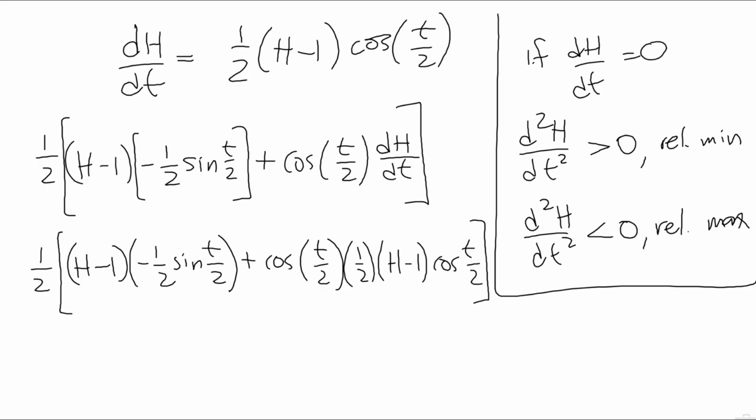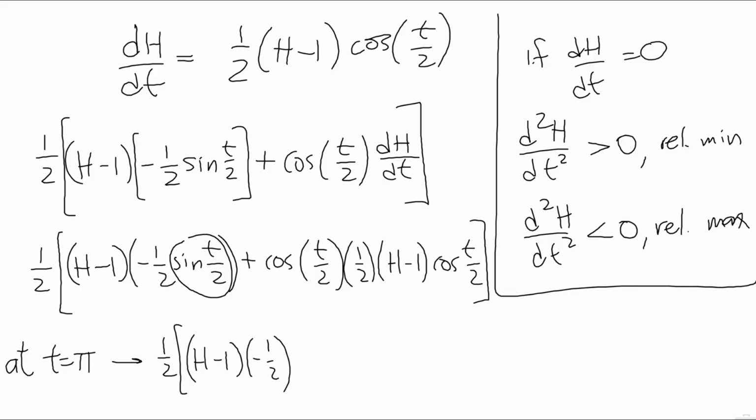And if we evaluate this when t is equal to pi, because that's the point we're looking at, we've got 1/2 of h minus 1, and then the sine of pi over 2 right here is equal to 1, so we have times negative 1/2, just the negative 1/2 times the 1.